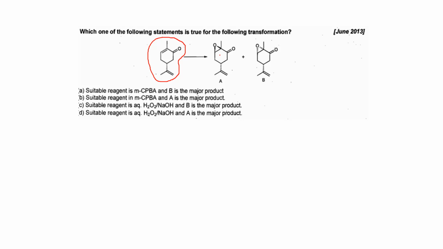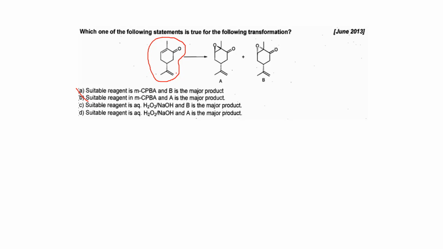And if the epoxidation is for an electron rich double bond, which has some electron donating group around it, that epoxidation will be performed by MCPBA. So as it is the epoxidation of an alpha beta unsaturated double bond, the reagent will be hydrogen peroxide. So these two options are already cut from our choice because MCPBA will not be there.